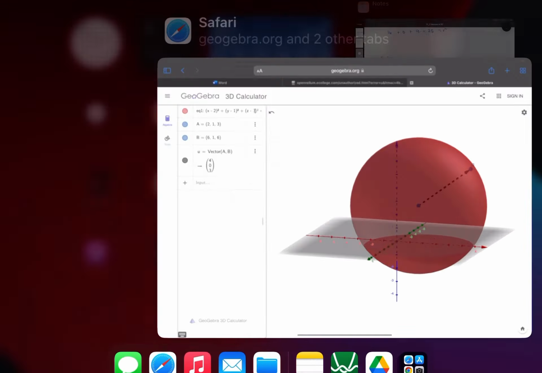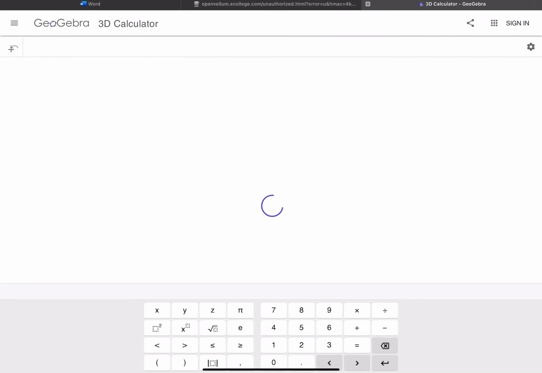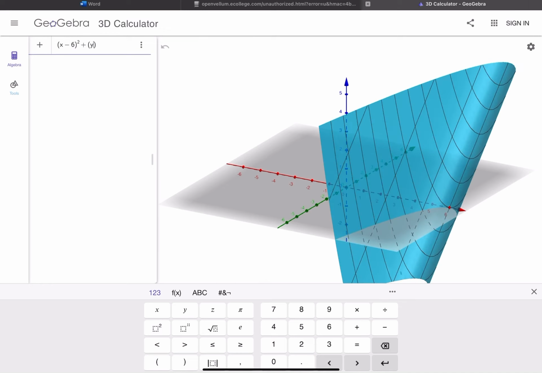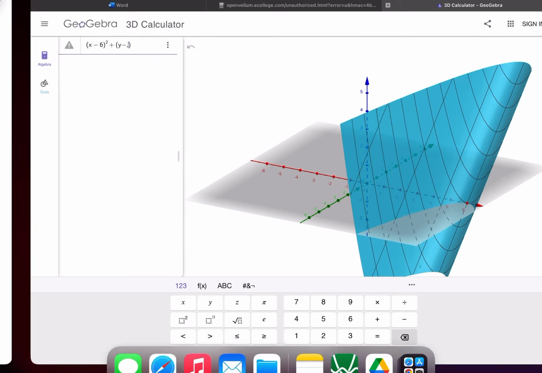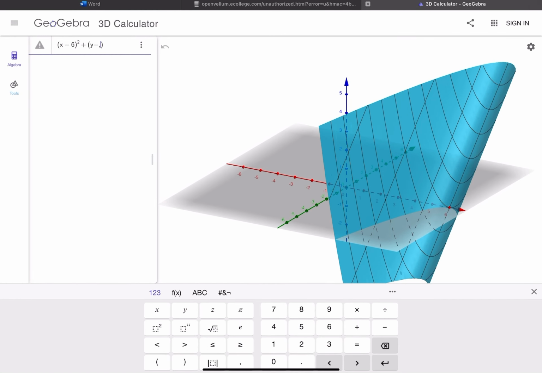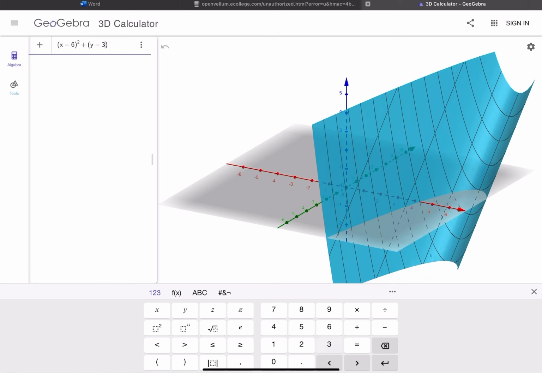So let's see what that looks like. Let's refresh GeoGebra again. X minus 6 squared plus (y minus 3) squared, the square goes on the outside.